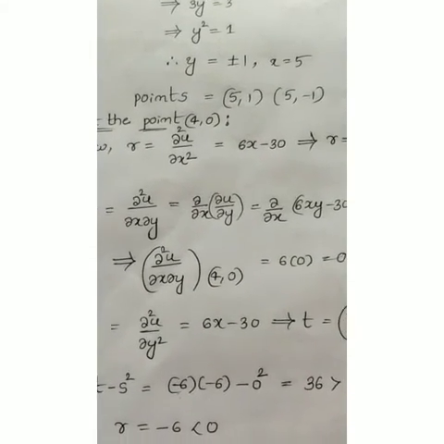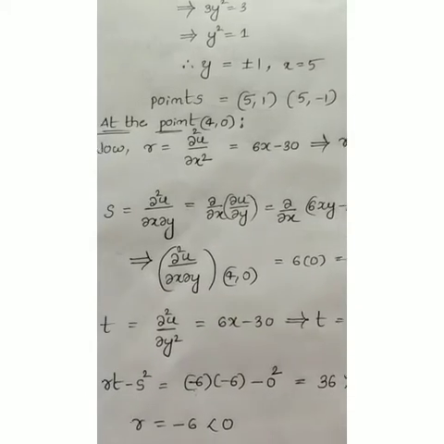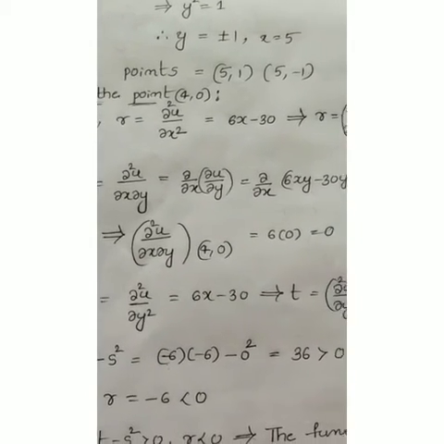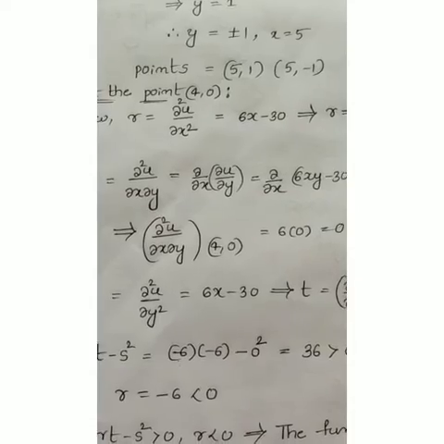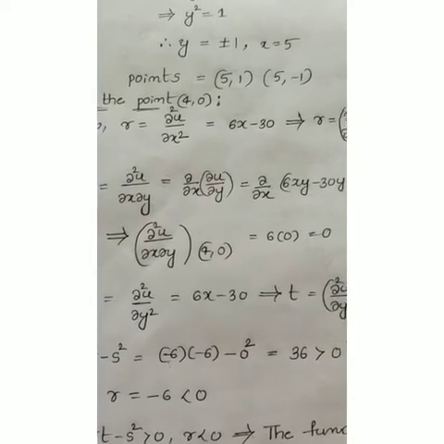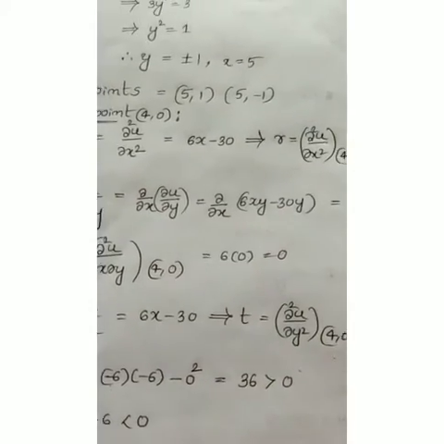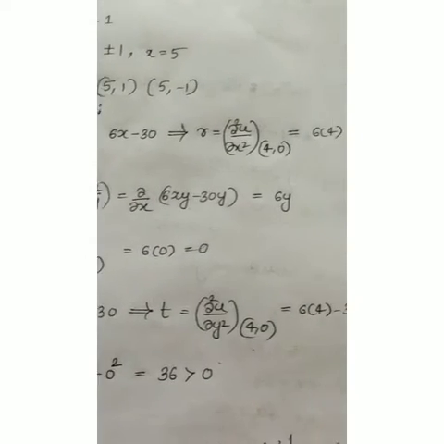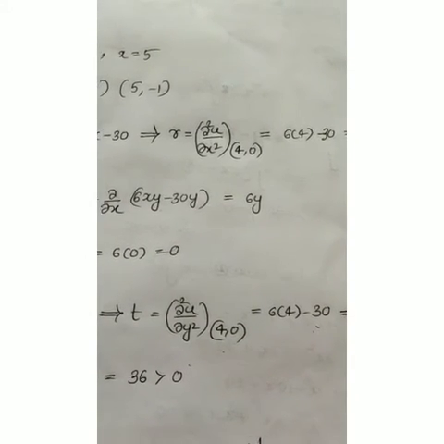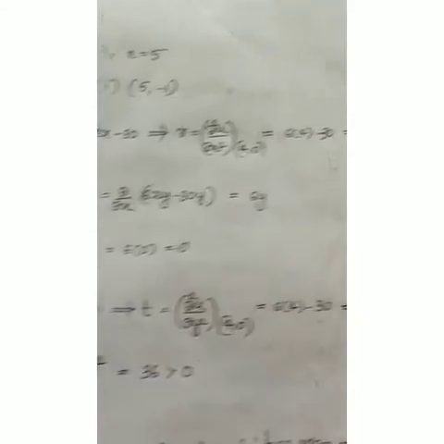Now first at the point 4 comma 0, r equal to dou square u by dou x square, that is 6x minus 30. Now substituting the point 4 comma 0, 6 into 4 minus 30, that is 24 minus 30 is minus 6.